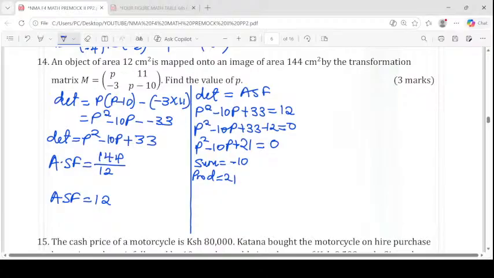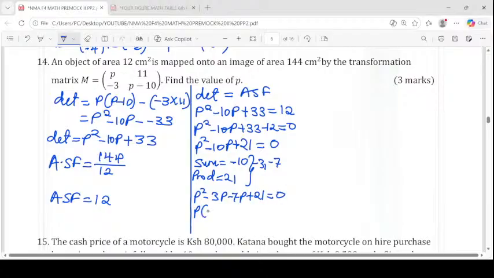So I'm looking for two numbers whose sum is negative 10 and whose product is 21. The two numbers are negative 3 and negative 7. So this will be P squared minus 3P minus 7P plus 21 equals 0.